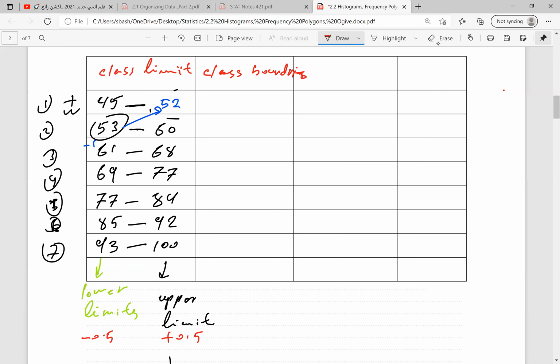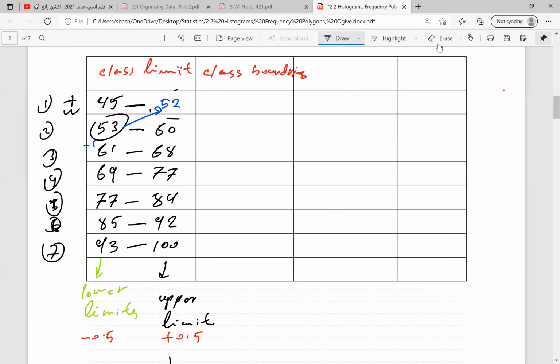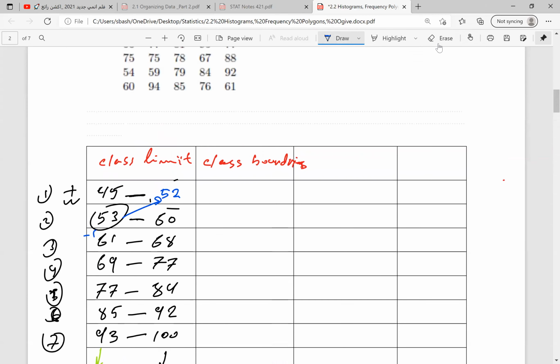So the class boundaries will be, take 0.5 from 45, 44.5 to 52.5. We take 0.5 from the lower limit, add it to the upper limit. Now the next one will be 52.5 up to 60.5.